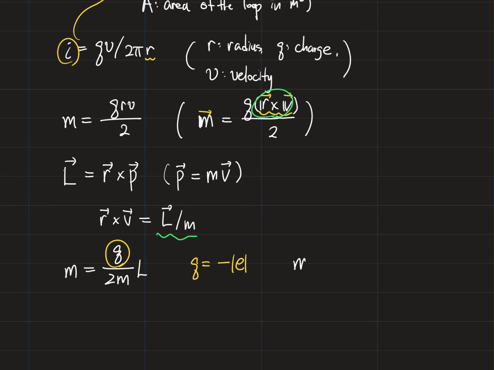So for electron, the magnetic dipole is given as like this. Let's put E here to explicitly indicate that this is the mass of electron. And actually this is the magnetic dipole.